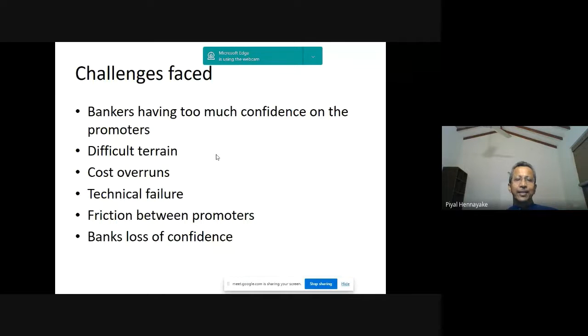Then the partners also had problems within each other. The promoters had problems because one was the contractor, and that structure failed. And the banks would have lost confidence because of this problem, because no one expected them to construct a project and it fails when the water was filled first time.